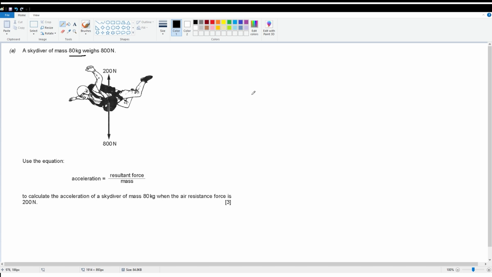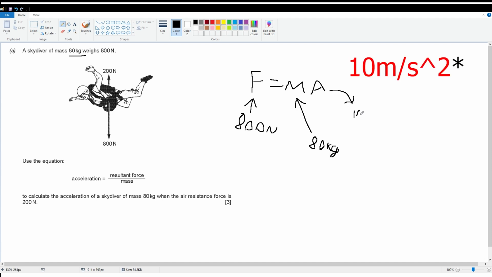For this next question we need to look at good old F equals ma. So let me just write that down. I feel like Khan Academy right now. F equals ma. So essentially what this is saying is force equals mass times acceleration, and the mass of this guy is 80 kg. Now because the acceleration of gravity is going to be 10 meters a second squared, his weight going downwards is 800.